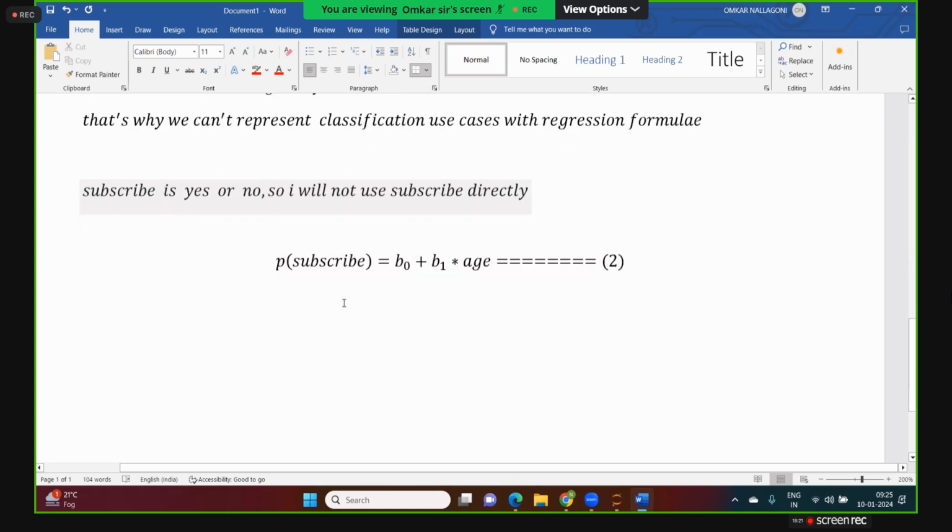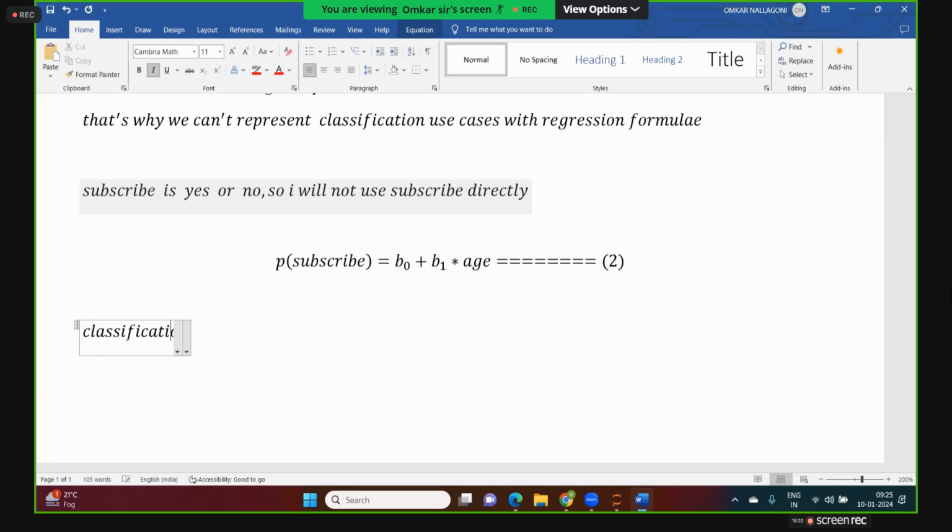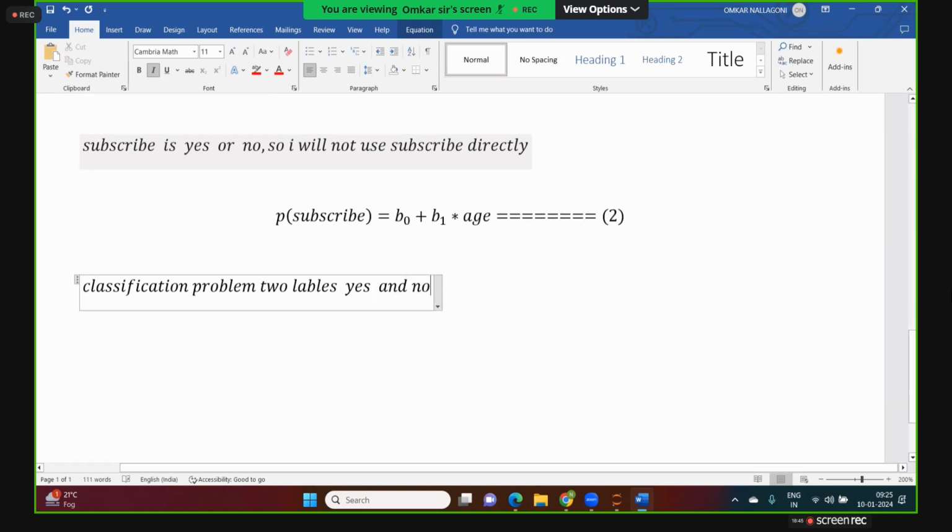So generally the classification problem comes like this. In the classification problem, suppose we have two labels: one is the yes label and another one is the no label.